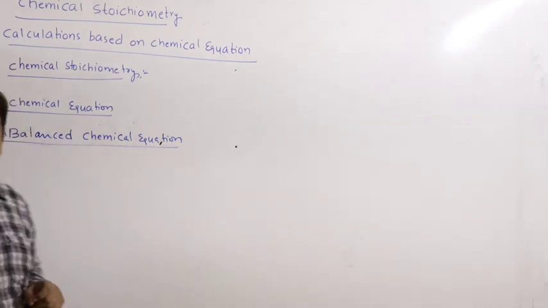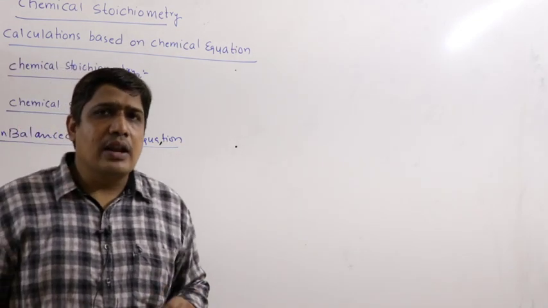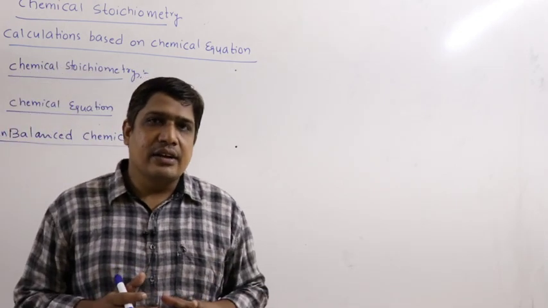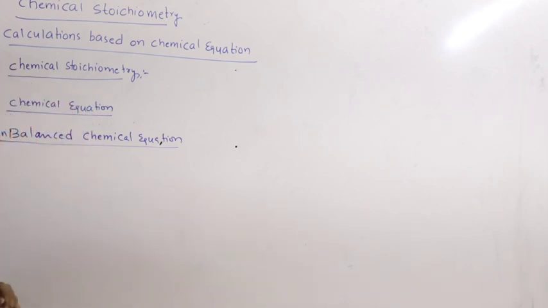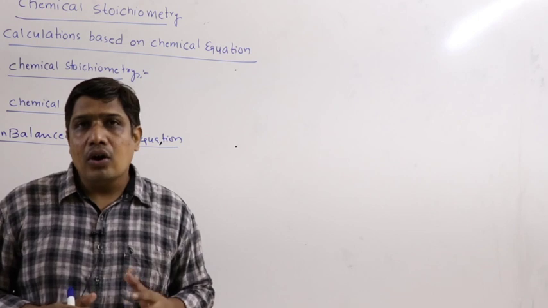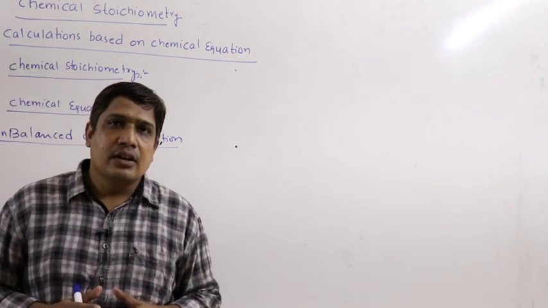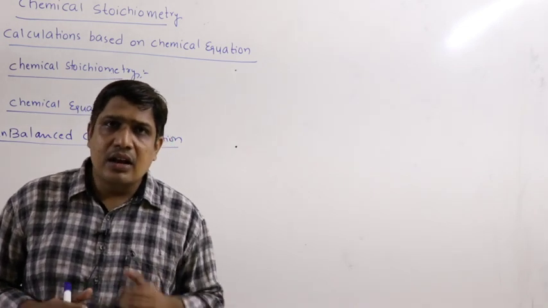A chemical equation in which the number of atoms of all elements present on both left hand side and right hand side are not the same, then we call it an unbalanced chemical equation. If the number of atoms of all constituent elements on both left hand side and right hand side in a chemical equation are the same, then we call it a balanced chemical equation.